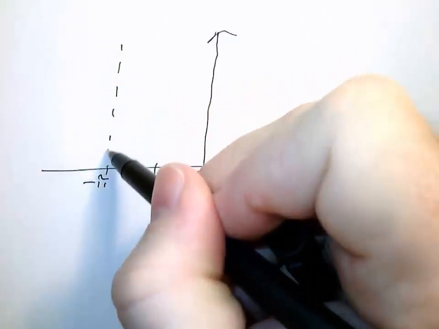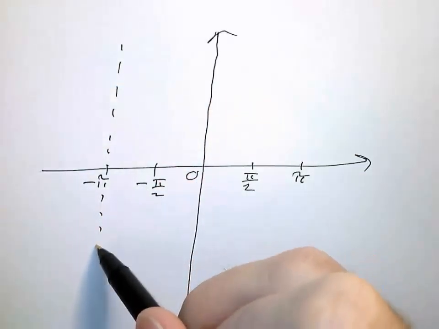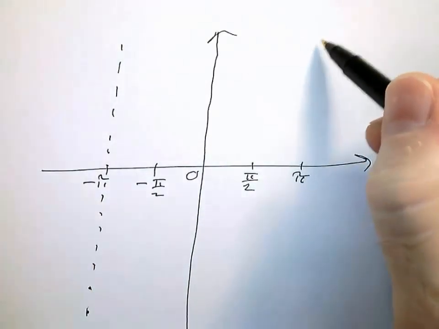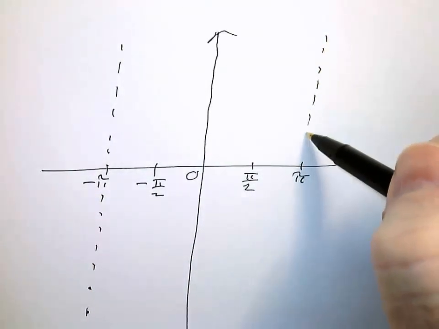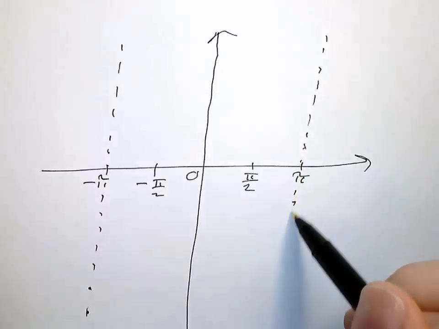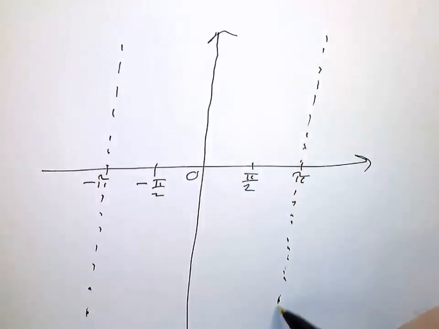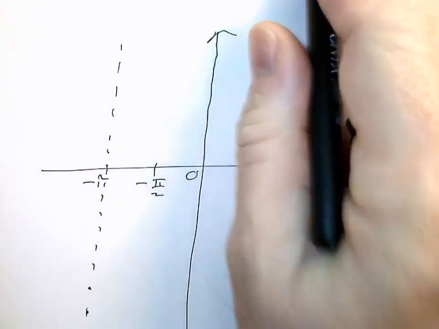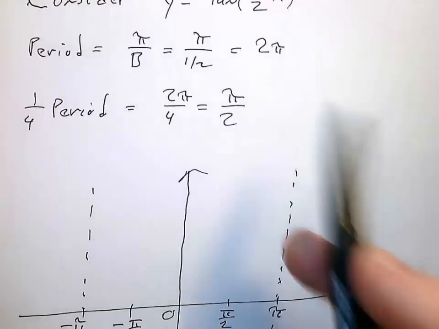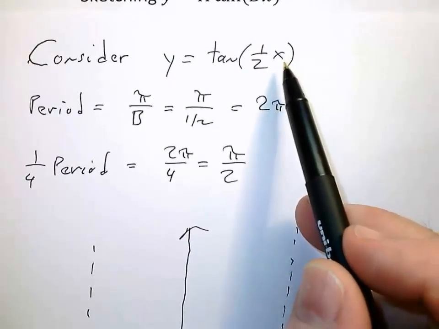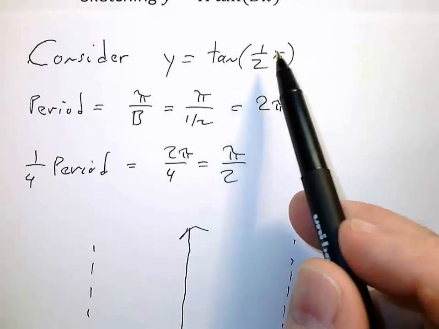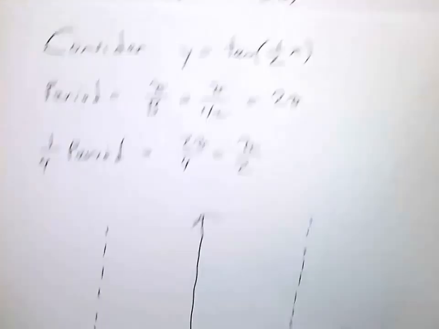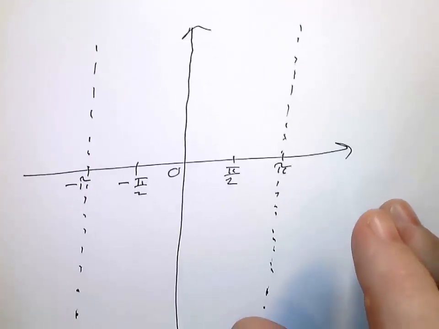And what you might notice here is on these extrema, we're going to be in trouble at pi and negative pi, because if I put pi into my tangent of a half x, the tangent of pi over 2 is undefined, and near it we have vertical asymptotes.